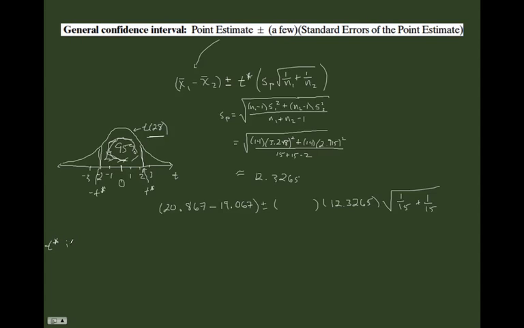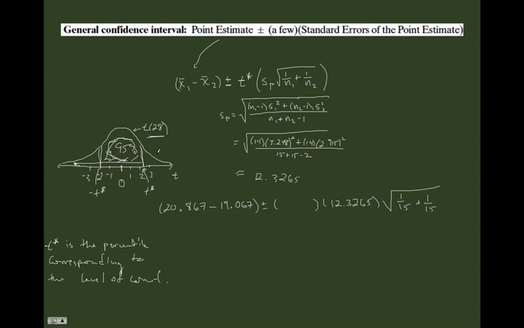What the book calls t star is the percentile corresponding to the level of confidence. So what does that mean? Well, the percentile is the proportion of the population that is below t star.